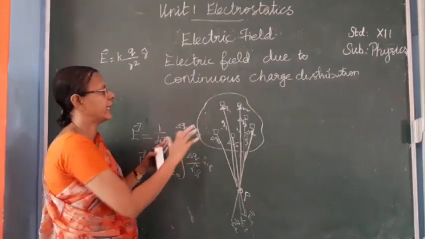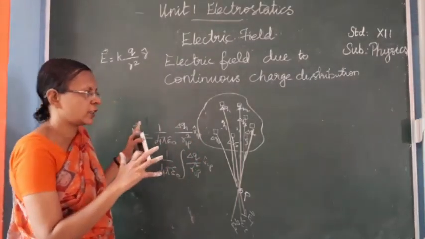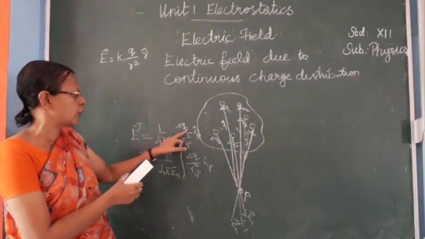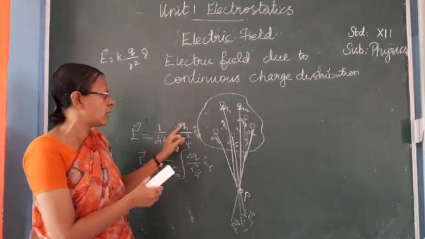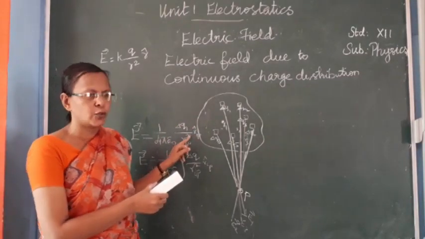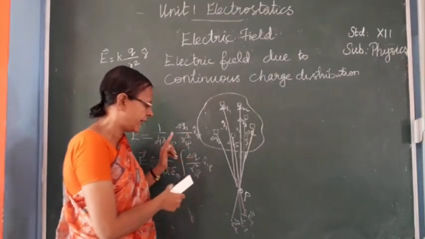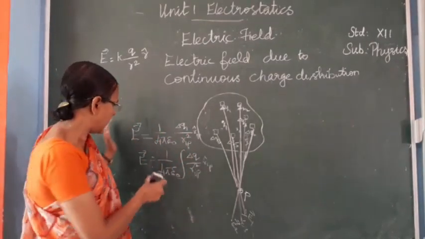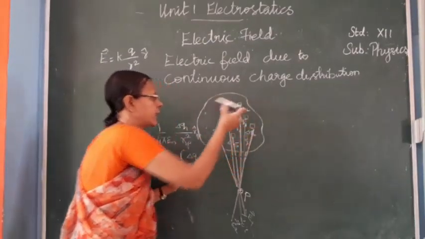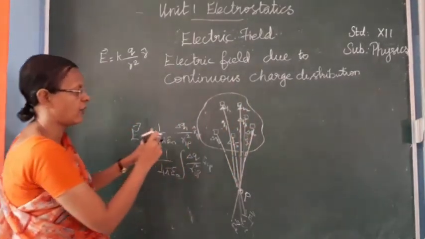In this manner we can find out for the whole charge. For the next charge we substitute del Q2 and r2P, and so on. The electric field changes like this, and all together we can find it by this integral form.